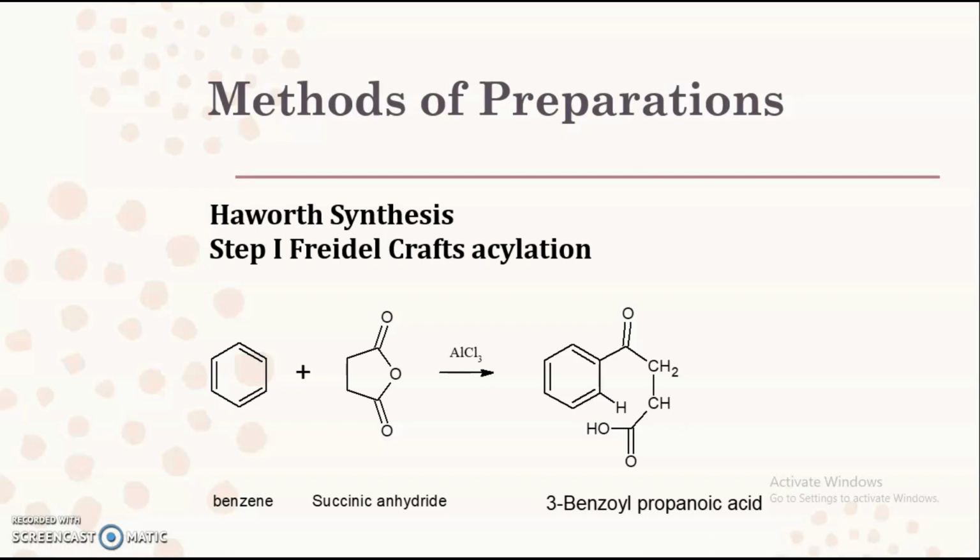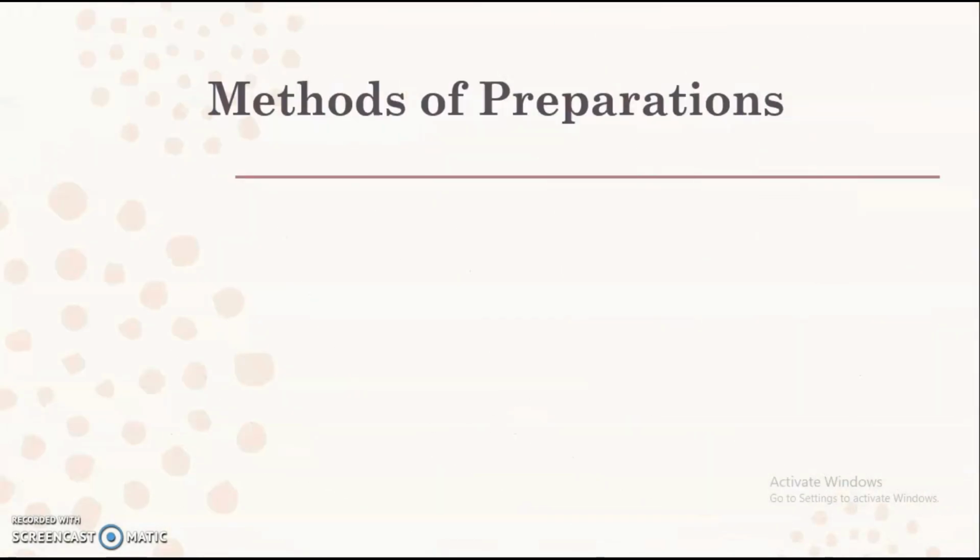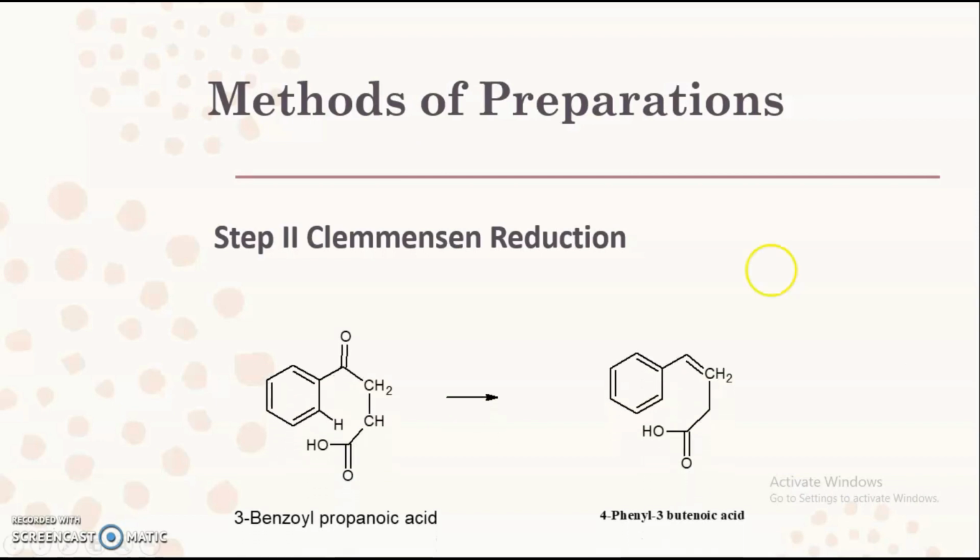Now in the second step, 3-benzoyl propionic acid undergoes Clemmensen reduction. Here in this Clemmensen reduction, this carbonyl functional group, that is the ketone functional group, is reduced and converted into an alkyl group.